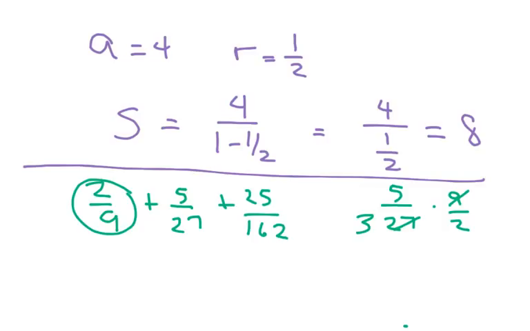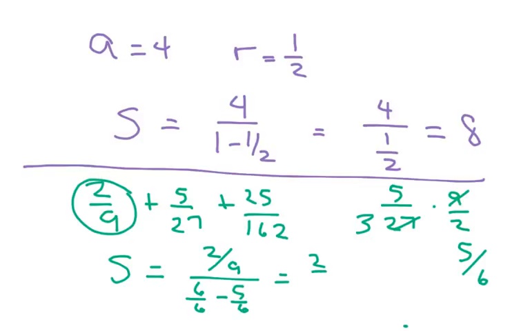So my common ratio is 5 over 6. So I write my summation formula as 2/9, my first term, over 1 minus 5/6, which is 6/6 minus 5/6, which gives 2/9 over 1/6. And of course, you get to use the calculator, and that equals 4/3, or 1 1/3.